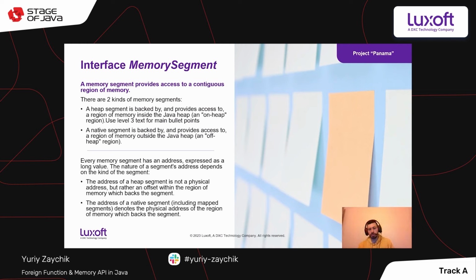And every memory segment has an address expressed by a long value, and the nature of this address depends on the kind of the memory segment. So for the heap segments, this address is not a physical address, rather some offset within the memory region which backs this segment.